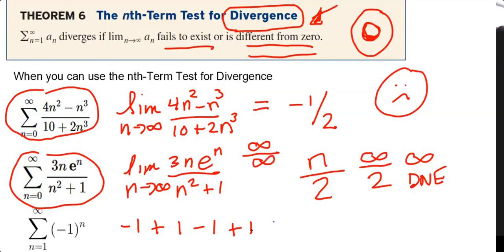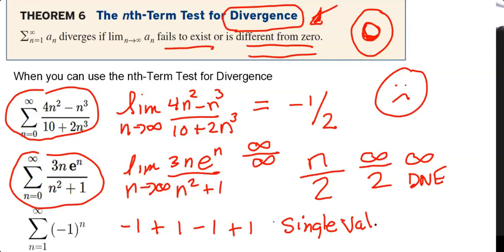Does this appear to be approaching a number? We're not talking about the sum of the terms at all. If we looked at this going on forever and ever, would we ever approach a single value? No.